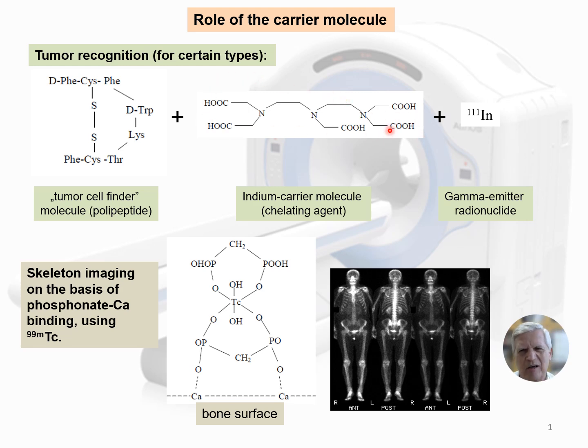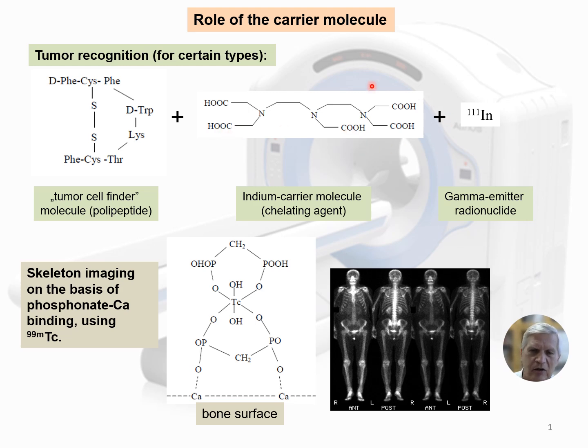You see, this is a pretty complicated one. This is diethylene triamino pentaacetic acid. Pretty complicated, you can safely forget it. The point is that this molecule has 1, 2, 3, 4, 5, 6, 7, 8 molecule sections which can coordinate to the indium. So this molecule can grab the indium very firmly.